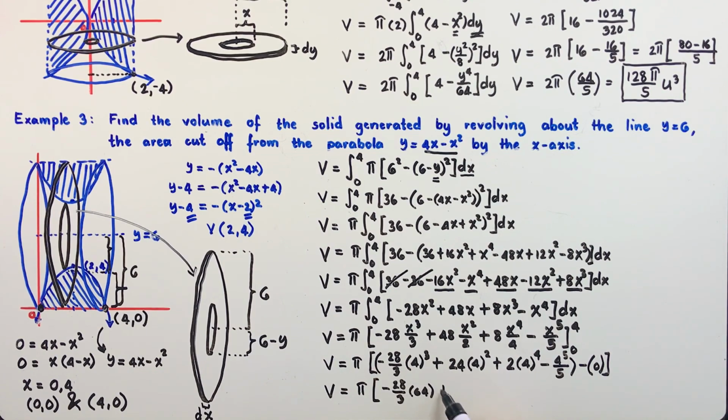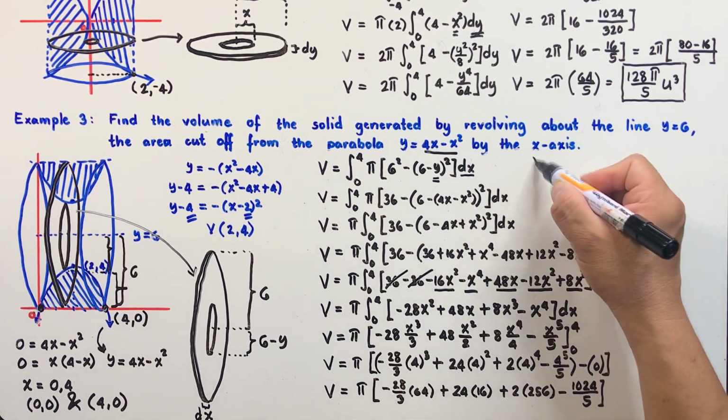So the volume is pi times the negative 28 over 3 times 64. And this is 24 times 16 plus 2 times 256, because 4 to the power of 4 is 256, minus 1024 over 5, because 4 to the power of 5 is 1024.